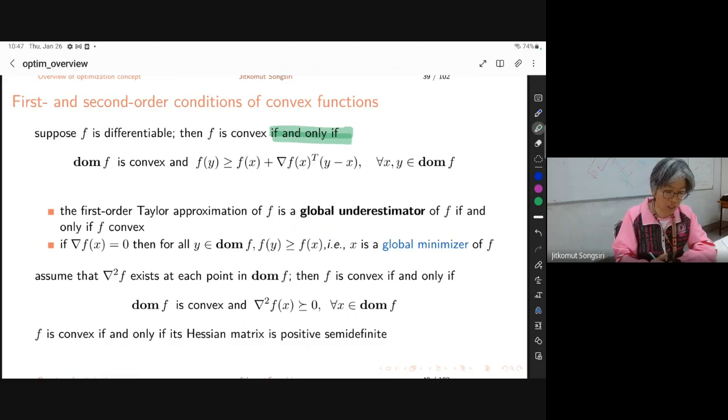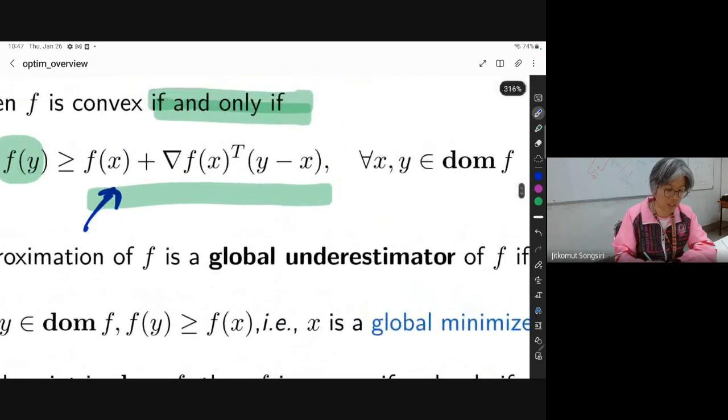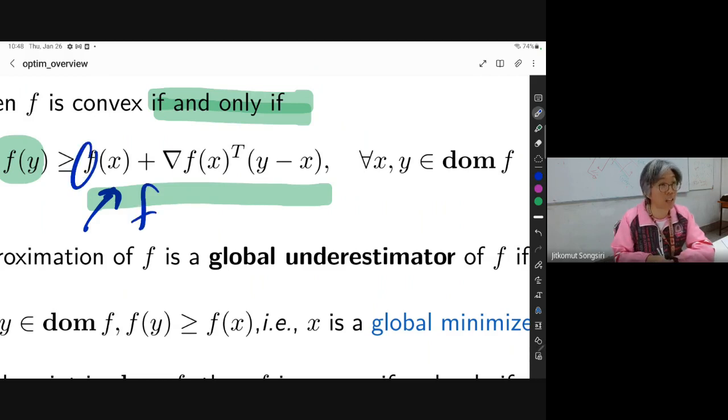The function f is convex if and only if f(y) is greater than or equal to the right hand side. Take a look at the right hand side. What is this thing? Your homework. It is the first order approximation of the function f at point x.